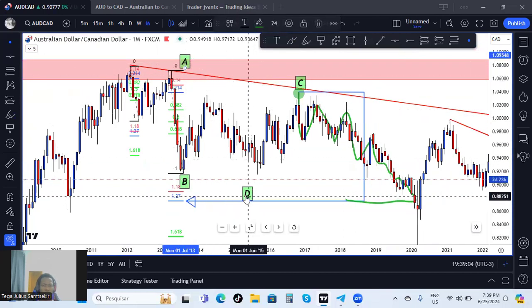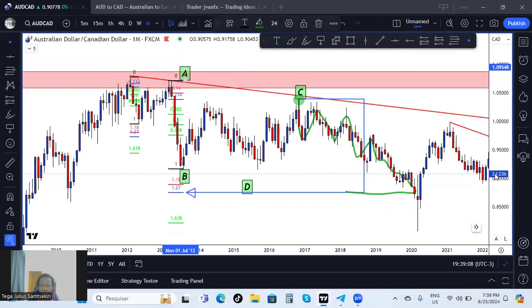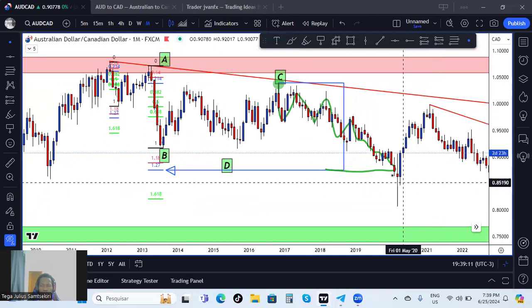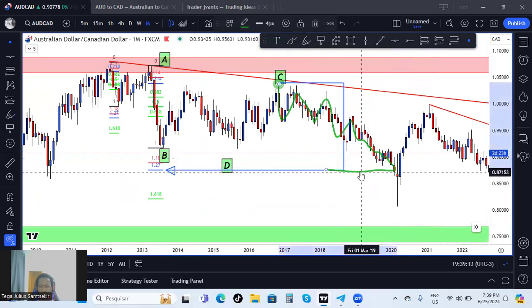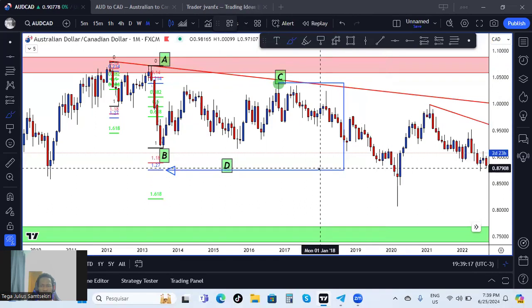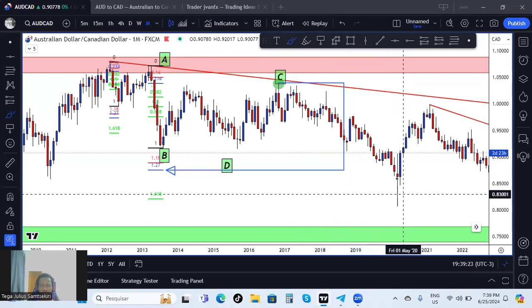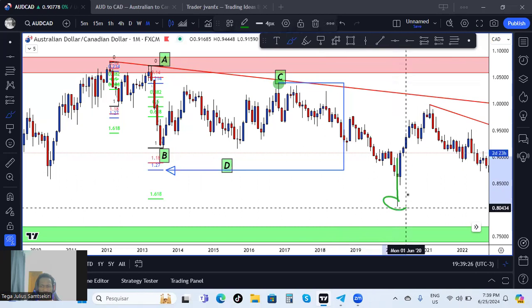Okay, so since the market found the extension D, and like I said earlier, it has to be a low. There is no low at this area here. Okay, there is no low here. As you can see, this was a line. So at this area, there's no low, right? So this was a low the market created right here.